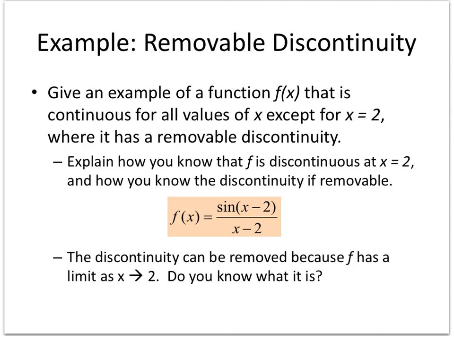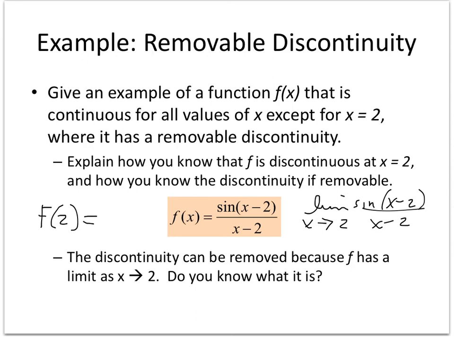I could make this a continuous function by finding the limit as x approaches 2, and defining that as the value of the function. Then I would make it continuous.